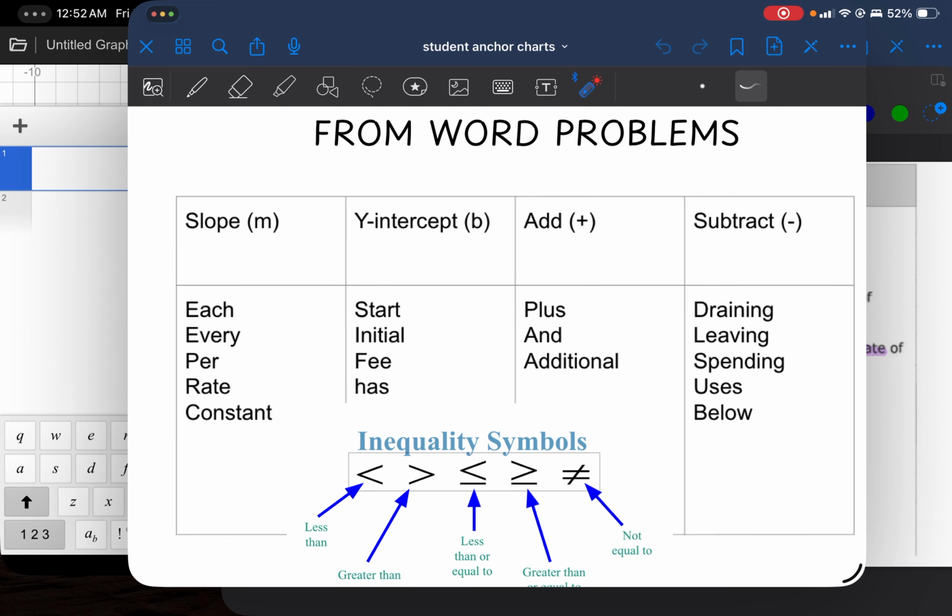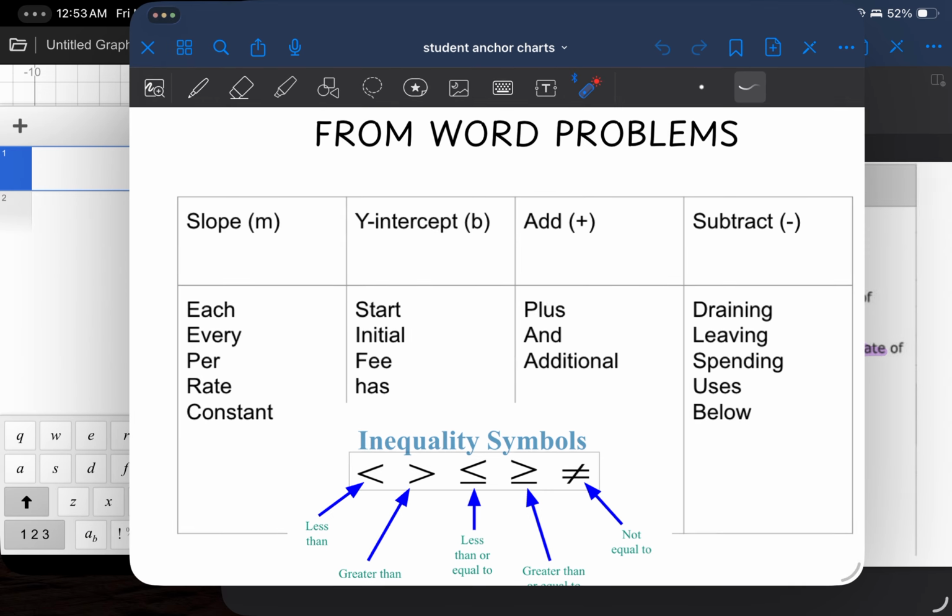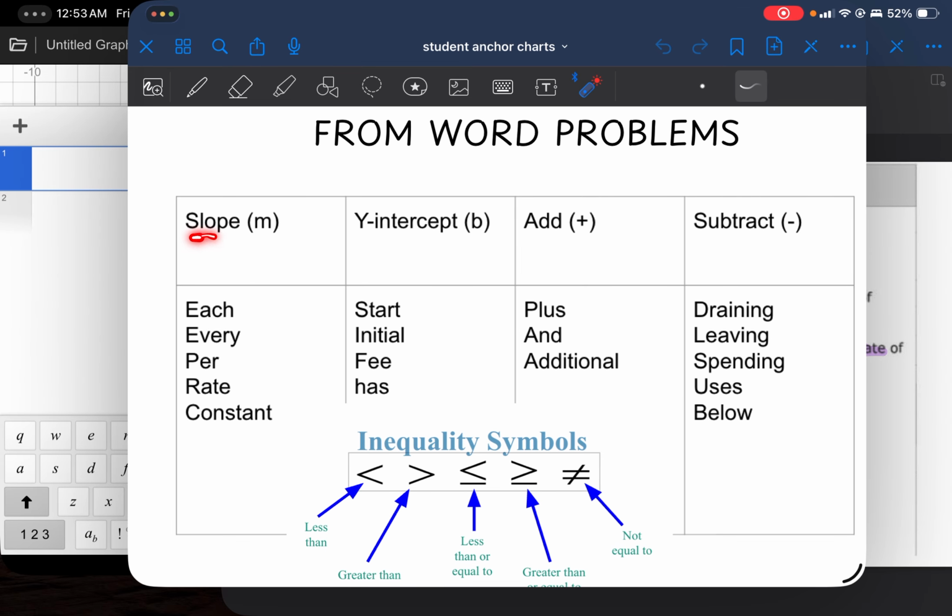Referring back to our vocabulary, every time you see a question such as this with a bunch of vocabulary that you remember or recognize, we will remember that for slope, you have your words each, every, per, and whatever number is closest to this word is what will indicate your slope, meaning the number that will have an x.